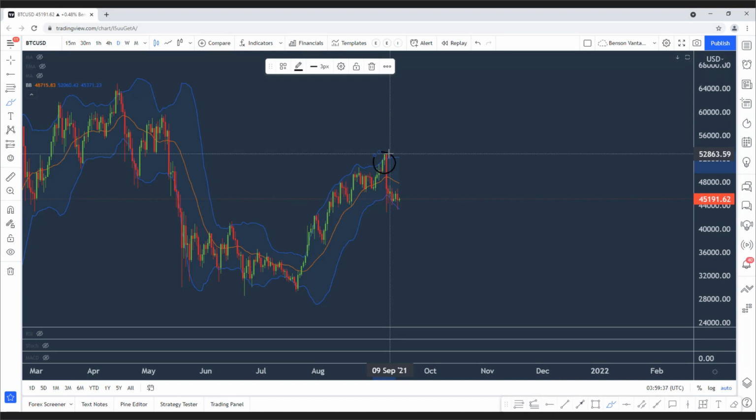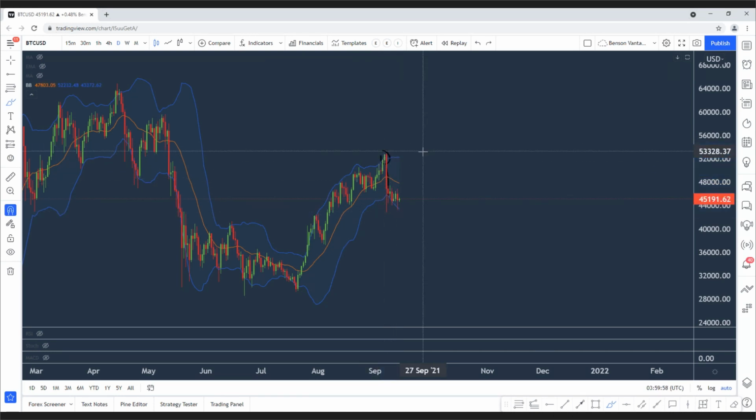So there is like a resistance level. This upper Bollinger Band is 2 standard deviations above this 20 SMA. So once it closes above, it tends to have resistance and bearish pressure. That's why it dropped.